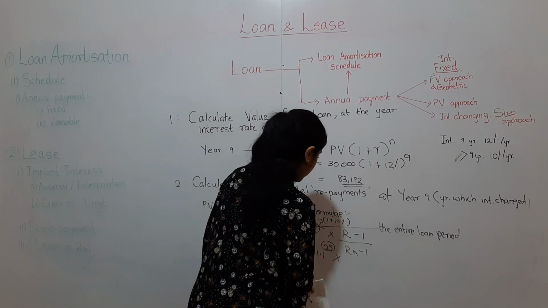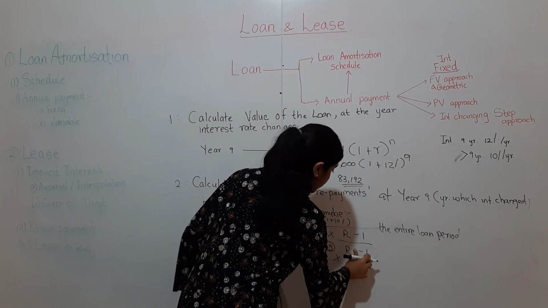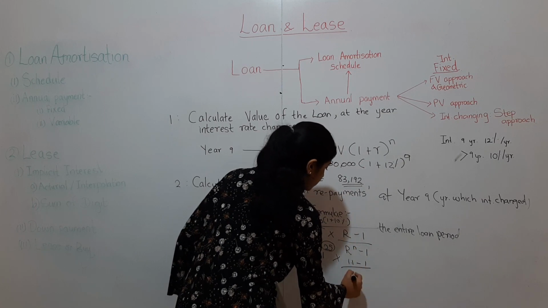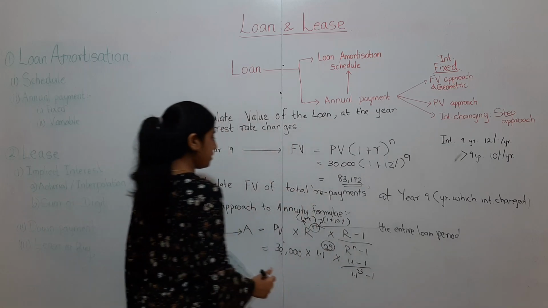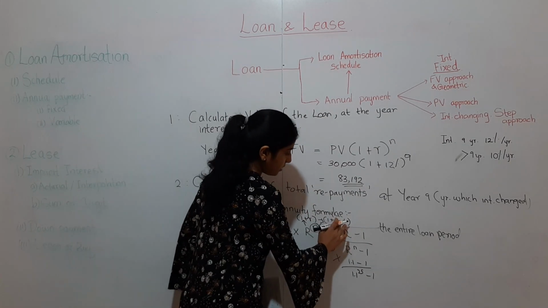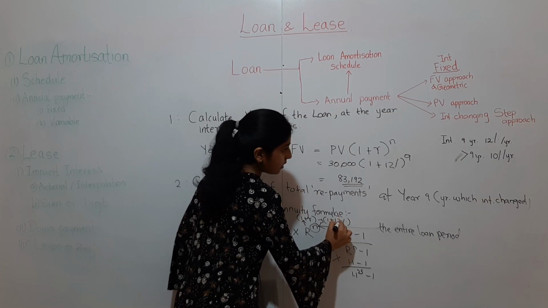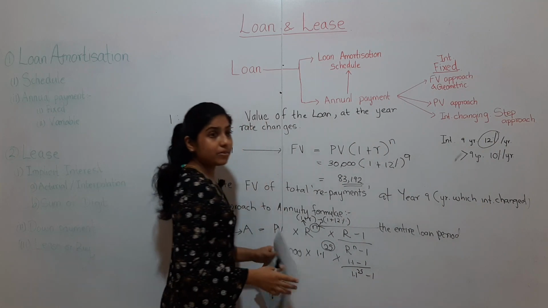So this will be again 1.1 minus 1. Now this n is above. So 1.1 again to the power 25 minus 1. Very sorry, I used the wrong interest rate here. It should be the first interest rate, 12%. Really sorry about that.